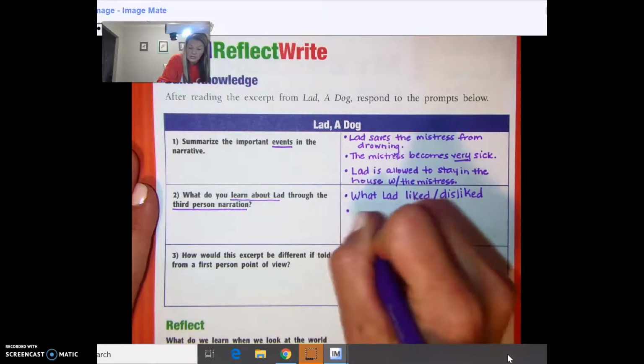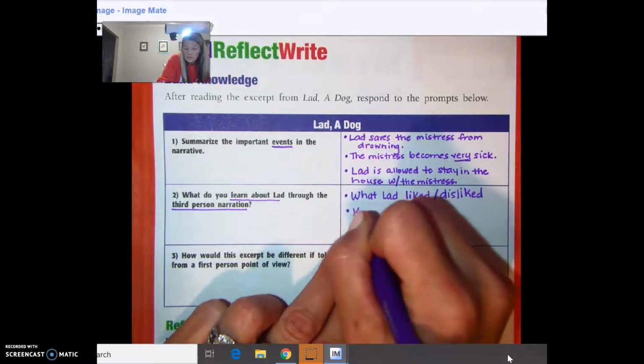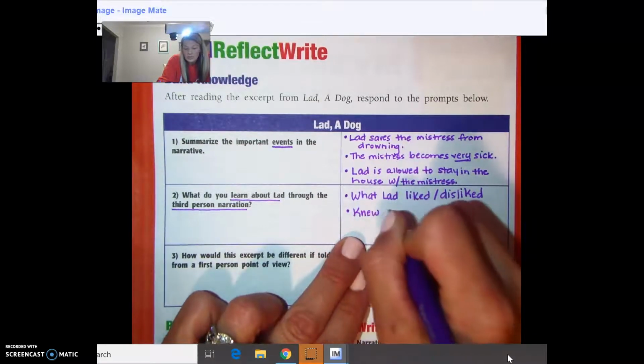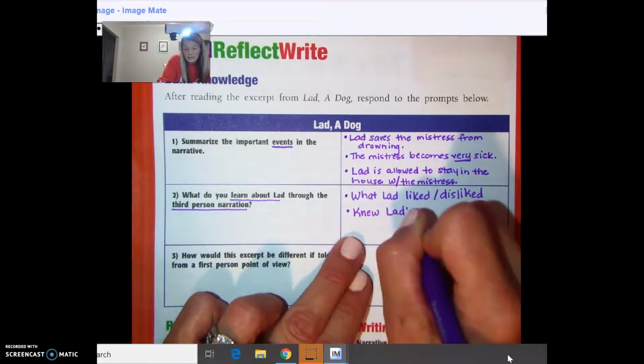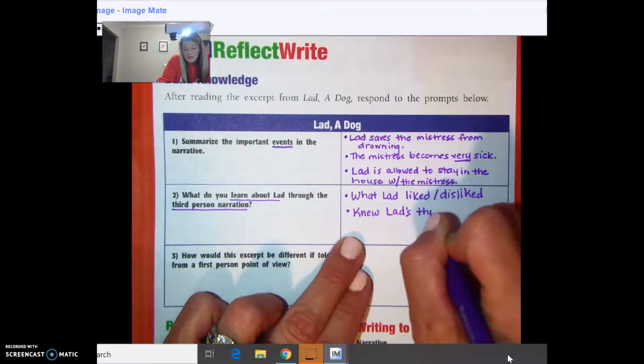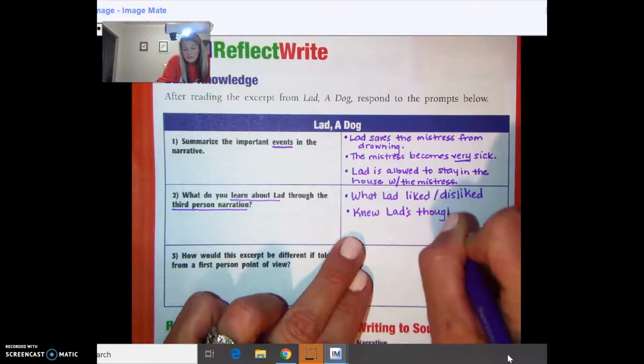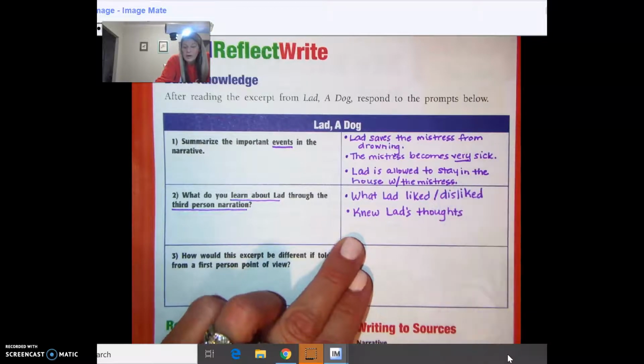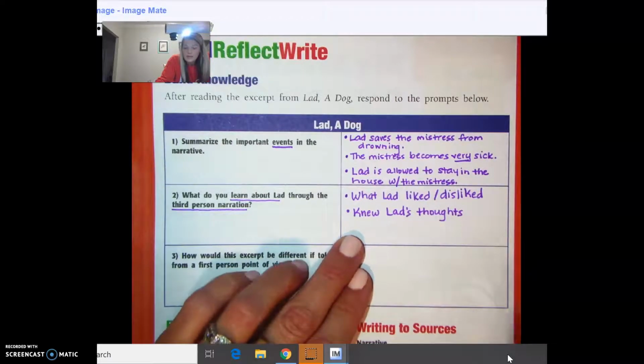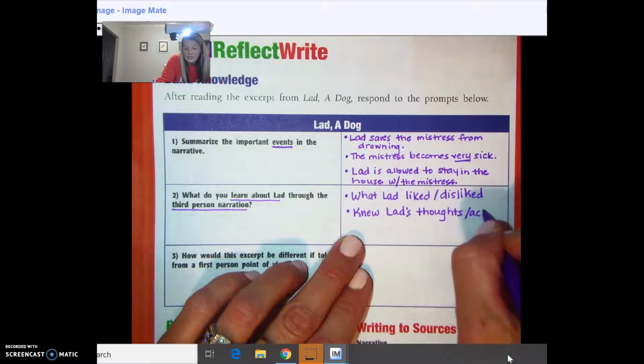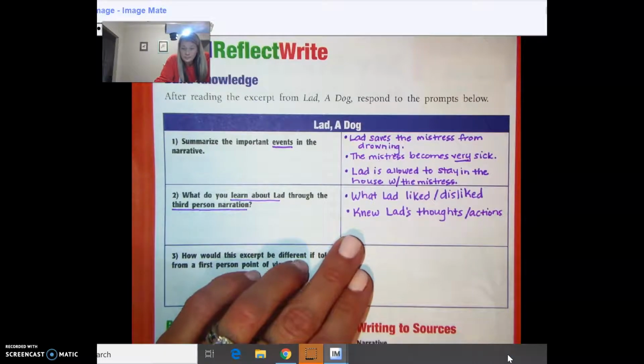We knew Lad's thoughts and some of his actions throughout the story.